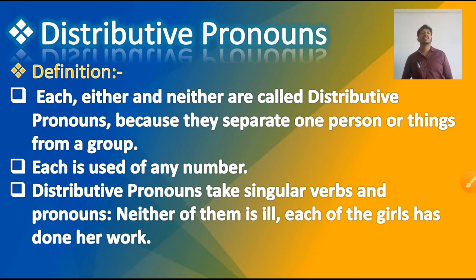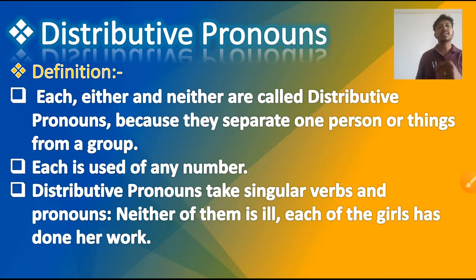Here, a distributive pronoun is always singular, so whenever any distributive pronoun selects the subject, the pronoun should be singular, and the pronoun means the subject, and the subject must take a singular verb.